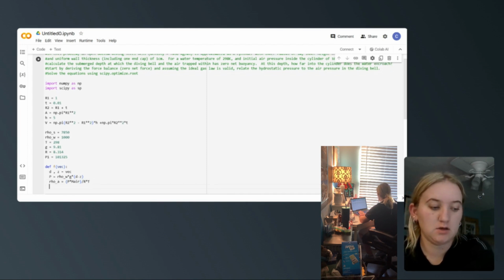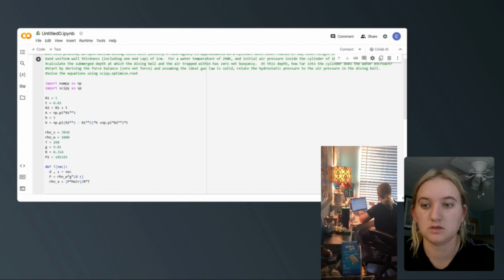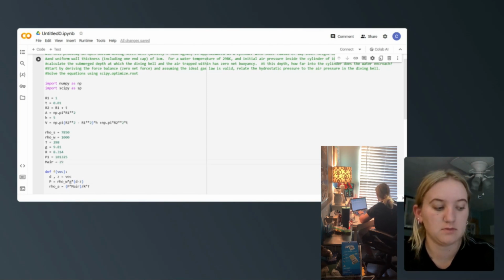And then we're going to want to actually go back up here. We need to identify what M air is, which is 29 times 10 to the negative 3. That's the molar mass of air, which is what we're going to need.